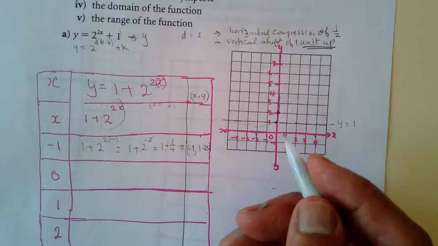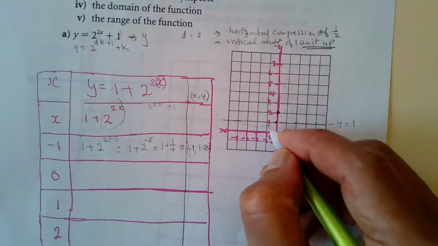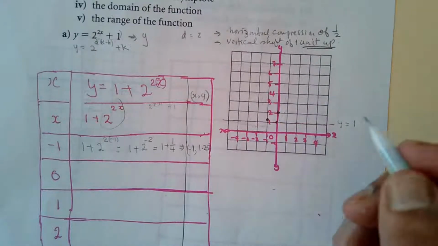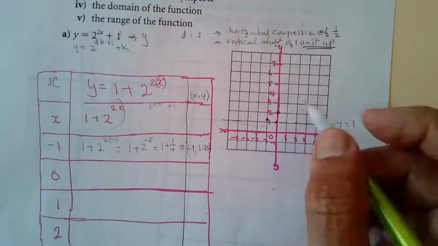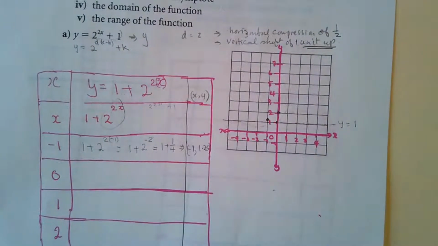So let's look at this point here. It is negative 1, 1.25, which is here. You know if you're in the wrong path, if this would have been below it. And this we know is positive. There's no reflection.